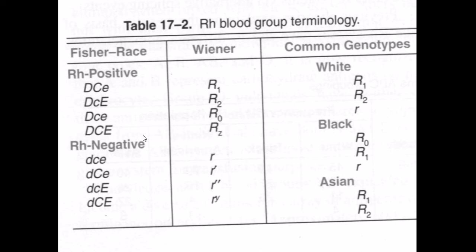Capital D means it is Rh positive. The others you could use in the nomenclature. When we talk about capital D or Rh positive, if the R, for example, is capital, we call it R1. If it has the E, for example, we call it R2, and so on. We could use that for epidemiological purposes.